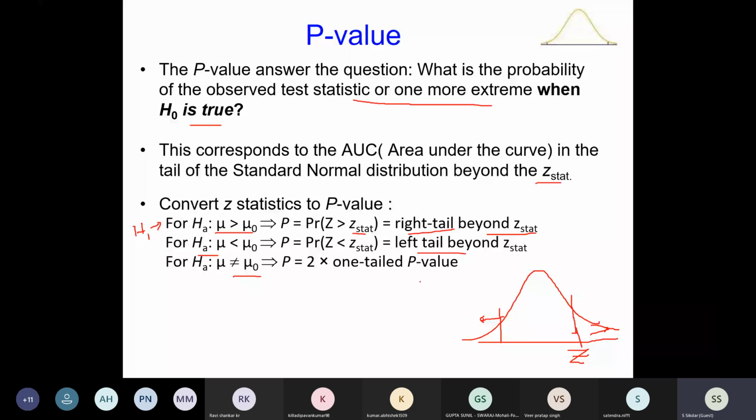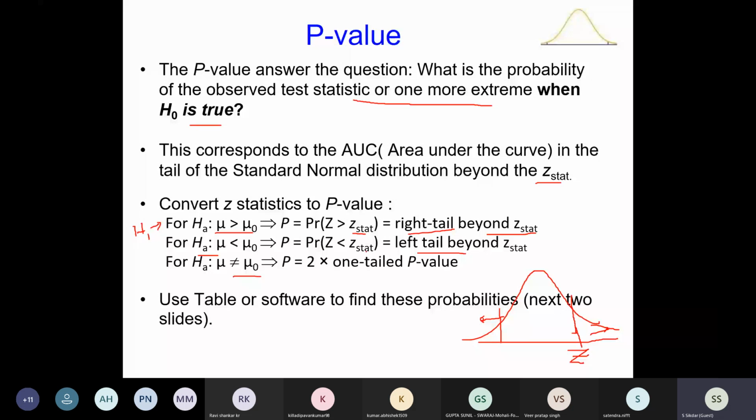So use a table or software to find these probabilities. Either you have your table with you to get the z value, or if you have software, you can calculate from there.